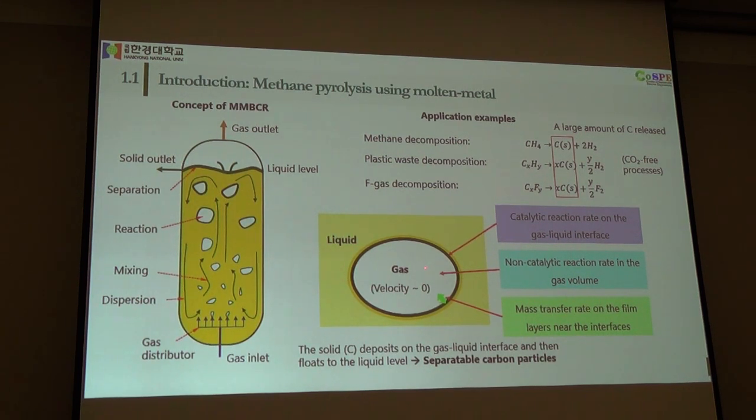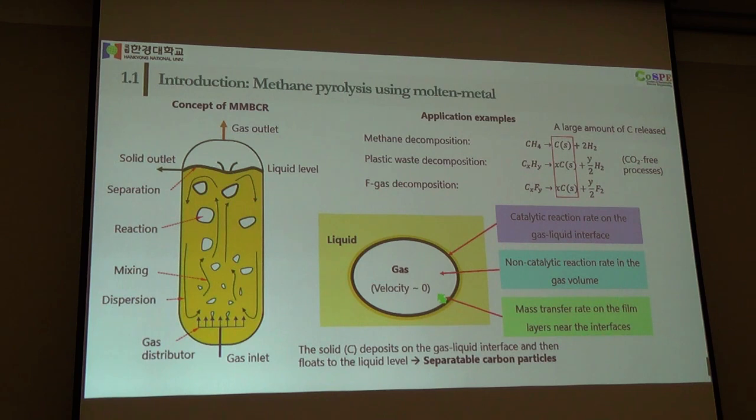The first one is the non-catalytic reaction, like the thermal decomposition of methane or some other gases, just in the volume of the gas, with the relative velocity almost zero. The second mechanism is the catalytic reaction that takes place on the surface of the bubble. And the last mechanism is the mass transfer through the very thin layer near that surface.